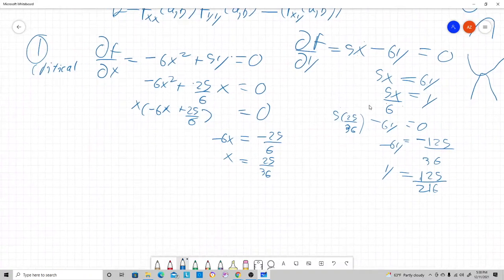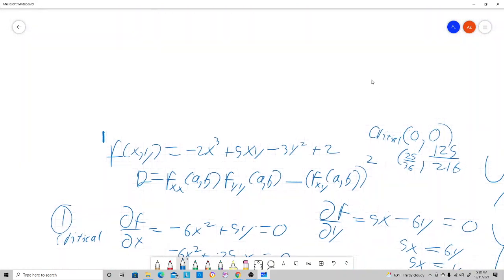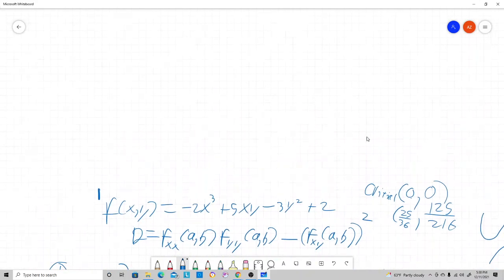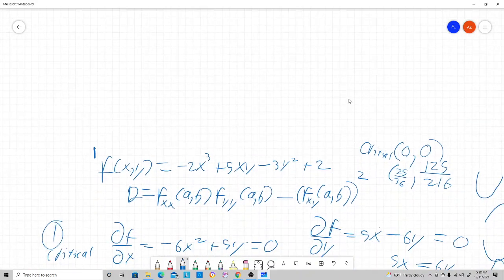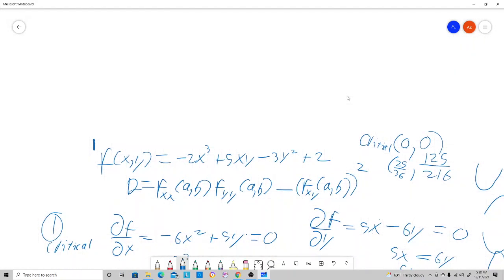Okay, so let's take this up here because we can see our formula. Let's actually take our partials. We already have two partials, and now we need the second partials. I'm going to denote it as fxx.